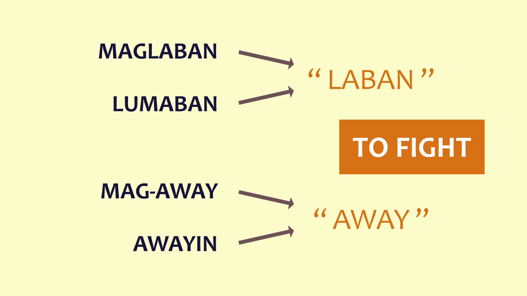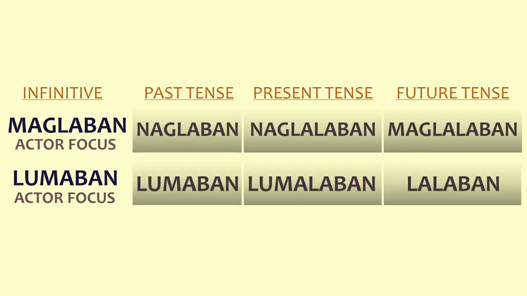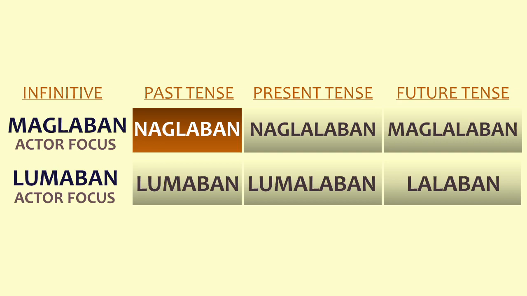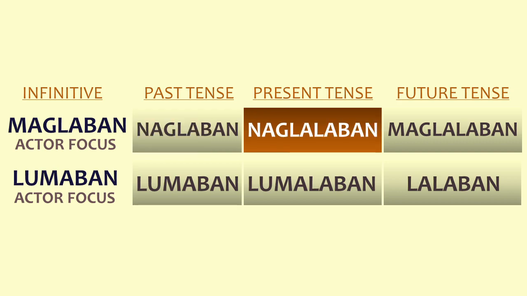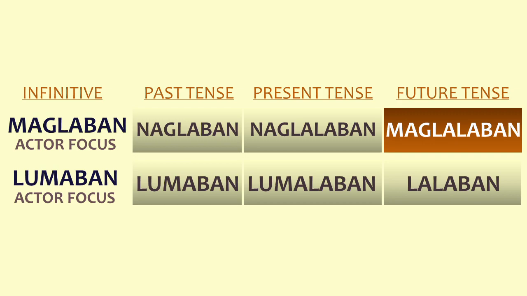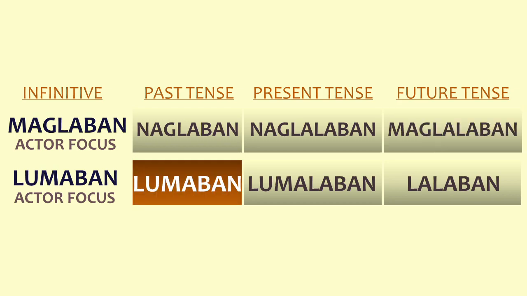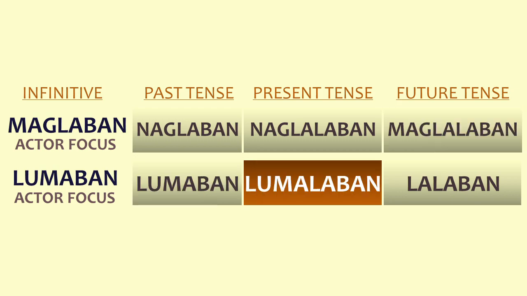I'll explain to you later, but first let me read to you quickly the past, present, and future tenses of these verbs. For maglaban, the past tense is naglaban. Present tense, naglalaban. Future tense, maglalaban. For lumaban, the past tense is also lumaban. Present tense, lumalaban.